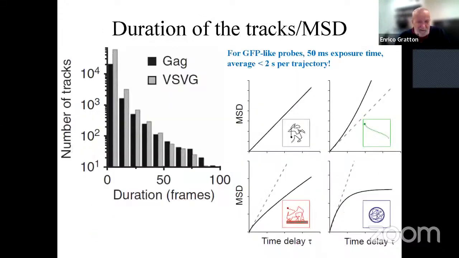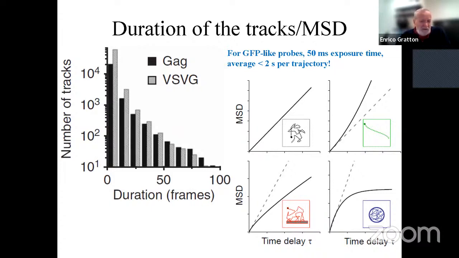But let us see what the duration of a track is. If you use cameras, it's very small because you can observe only for a certain period of time. And if the particle goes up or down from the field of view, you miss it.